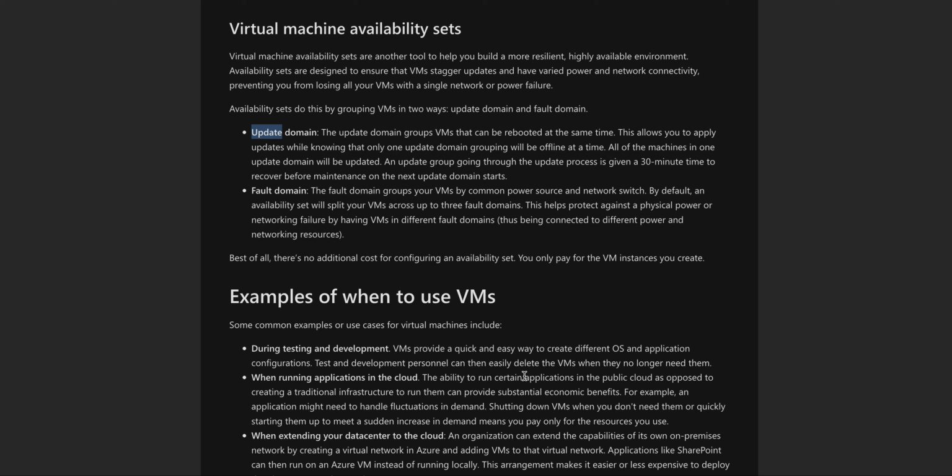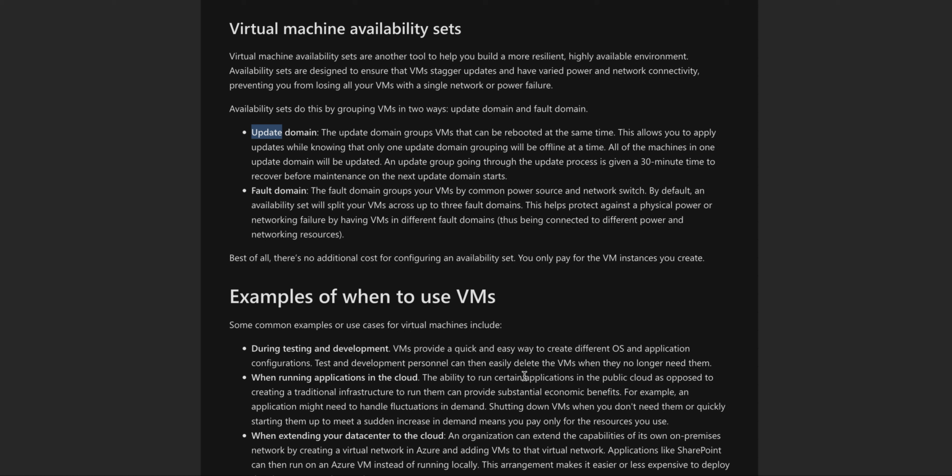And just to recap on update domain, as the name suggests, it's basically to do with updating the VMs. With update domains, we have different groups or different sets of VMs, and each group has a different schedule in terms of when to restart or reboot, and the intervals, and it takes about 30 minutes for the whole process to complete.